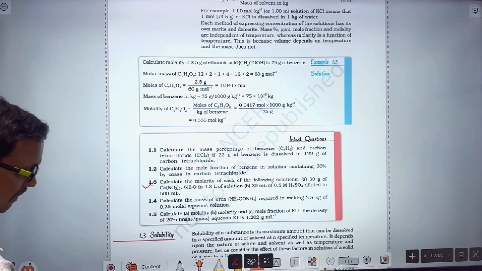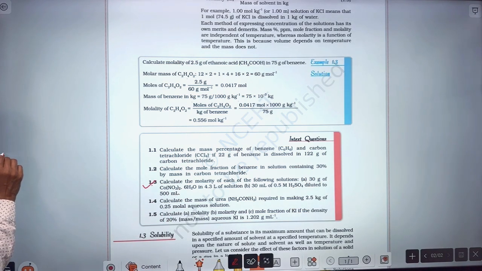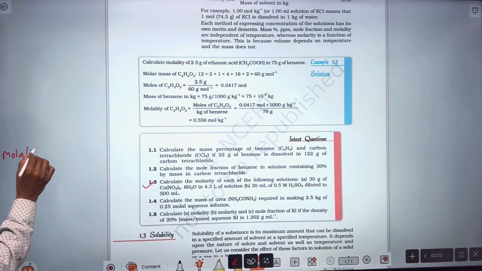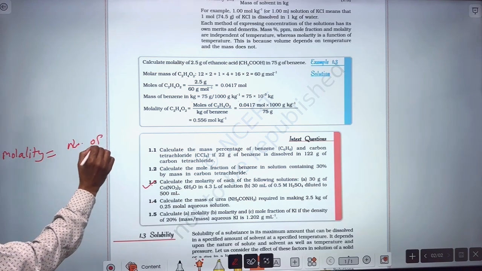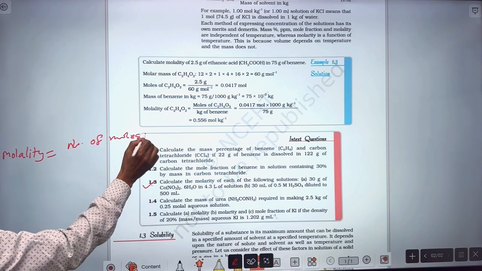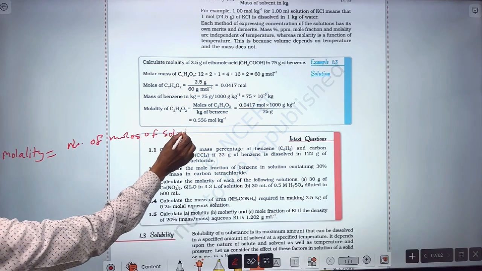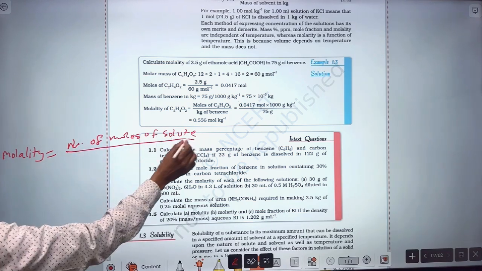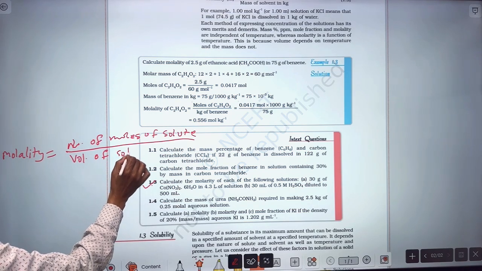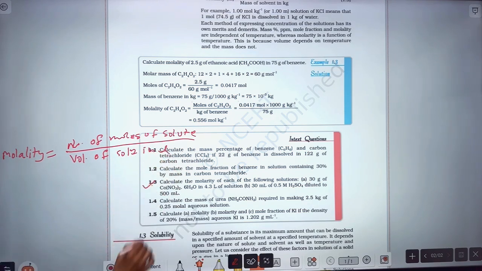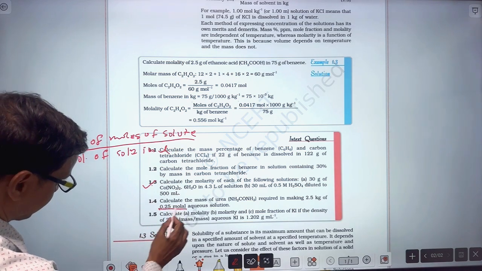So 0.25 molar solution it is. Molality of solution is the number of moles of solute upon volume of solution in liter. So molality is given 0.25.